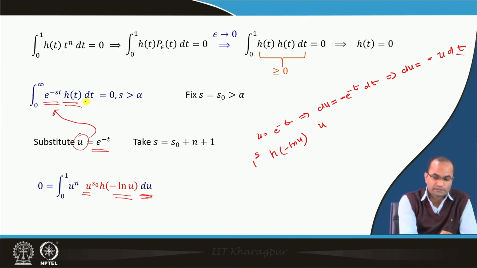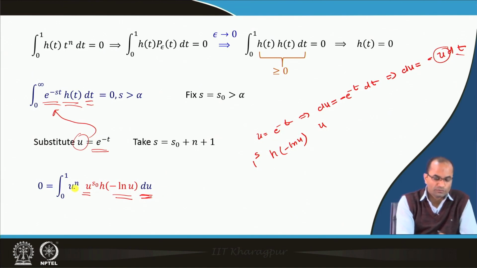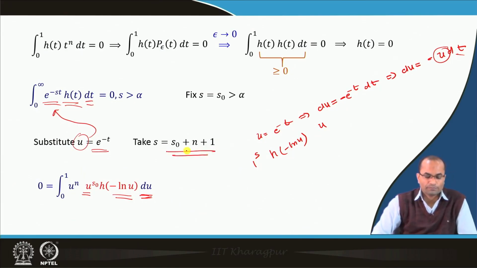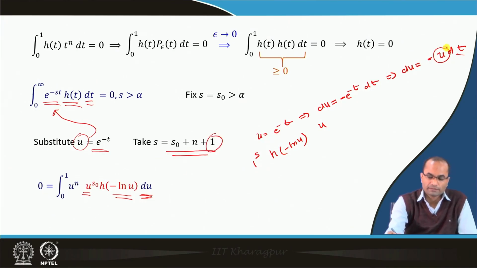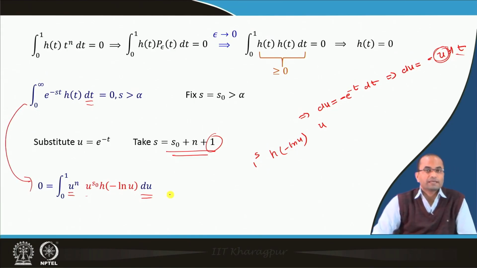When we replace this dt, there will be a u term there, so 1 over u. But when we keep u power s, where s is taken as s naught plus n plus 1, this 1 over u will be cancelled out, and then we have u power n and u power s naught. Having this, we get this integral after substitution.